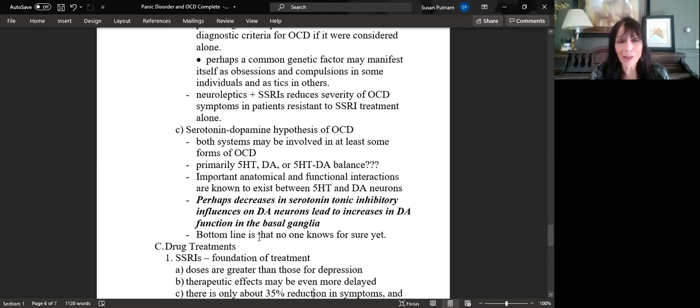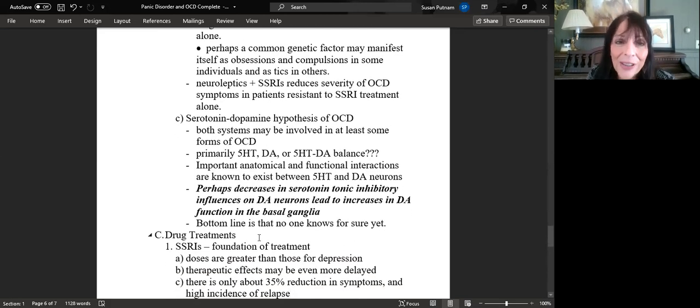So it should come as no surprise that there's also the serotonin dopamine hypothesis of OCD. Both systems, this hypothesis says, may be involved in at least some forms of OCD. And I personally think that makes a lot of sense.